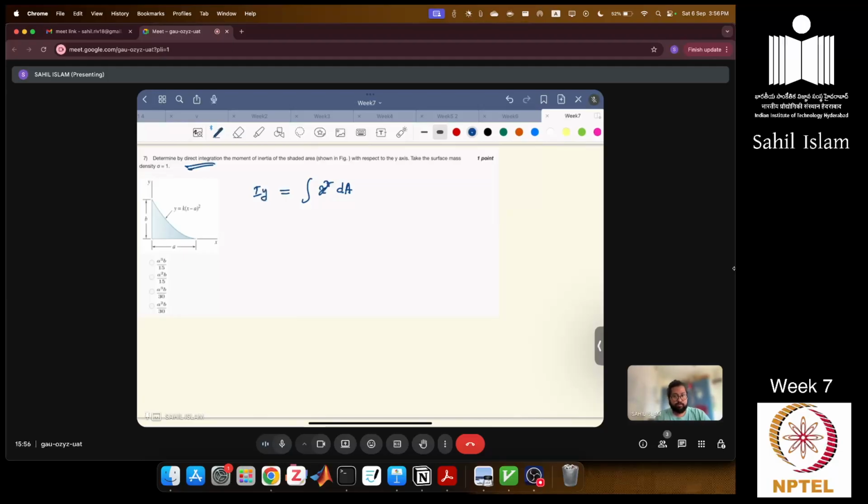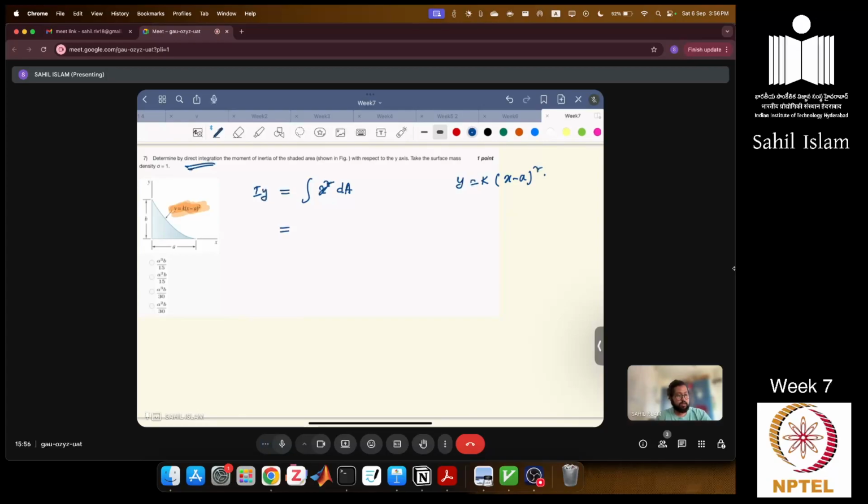So let's calculate. The equation of this curve is given, which is y equals k times (x minus a) whole square.